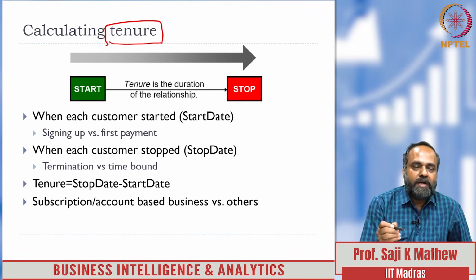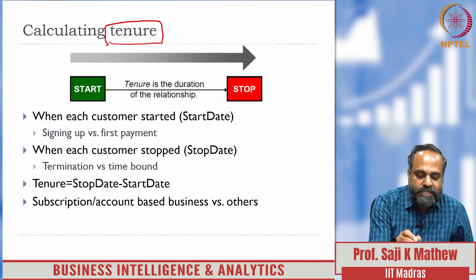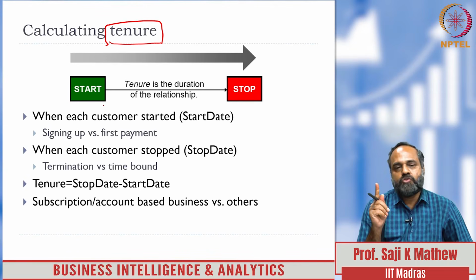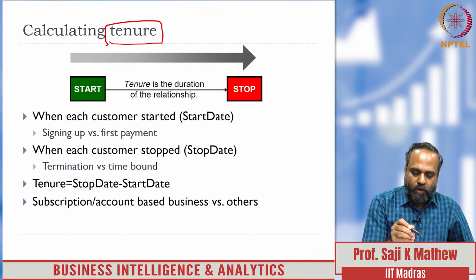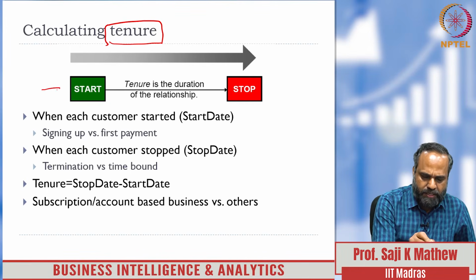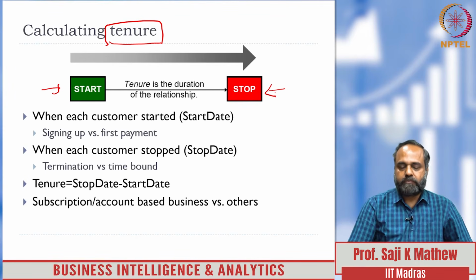So in understanding churn, tenure is an important measure, and as far as tenure is concerned, there are two timelines. For every customer, there will be at least one timeline. For some customers, there will be two timelines. What is that? One is the start time, the other is the stop time.